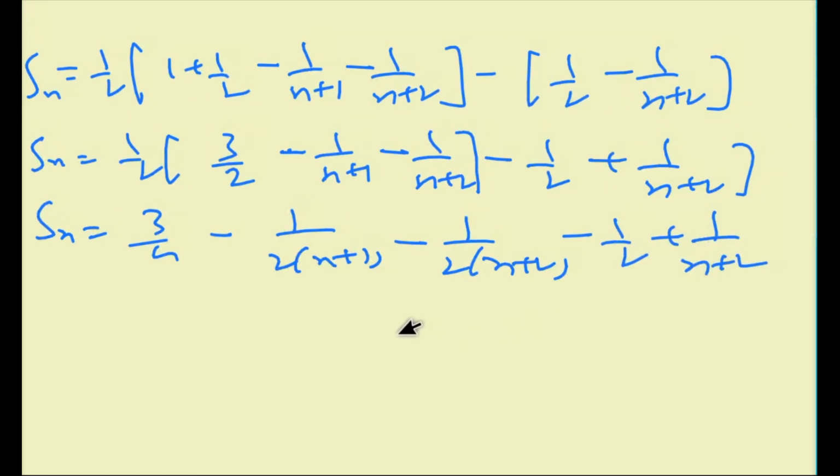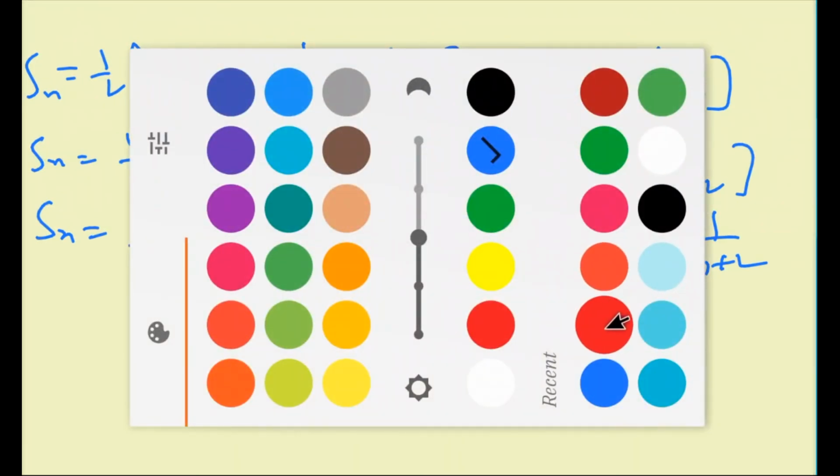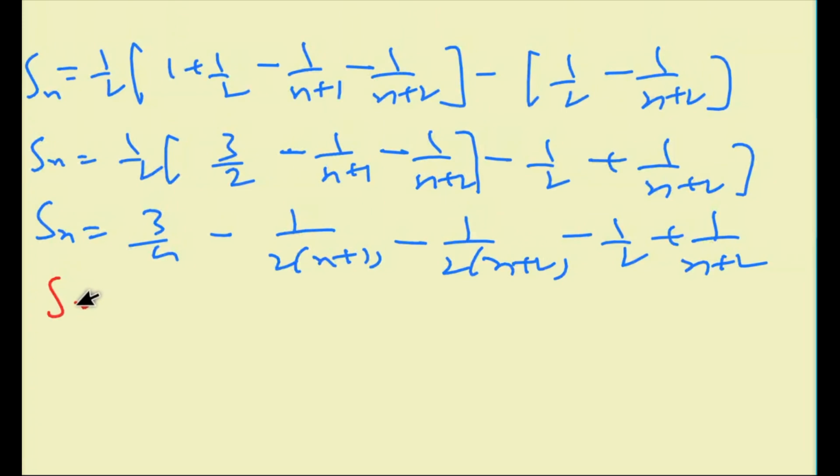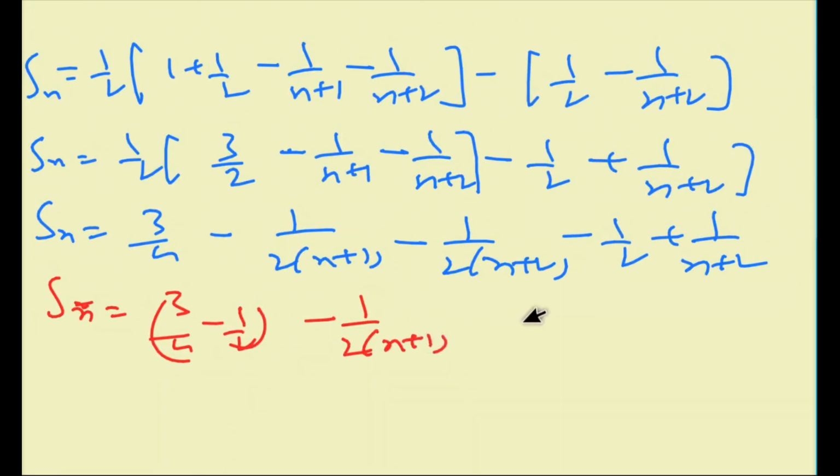Okay, so now you can solve in a very easy way. So what you have to find here, 3 by 4 minus half, and 1 by 2 n plus 1, and this is half n plus 2, plus n plus 2 half minus half plus 1 half.